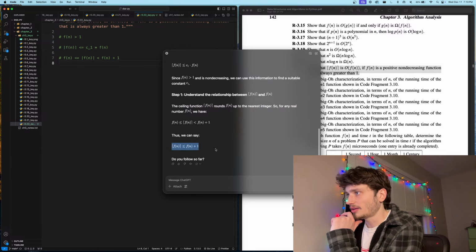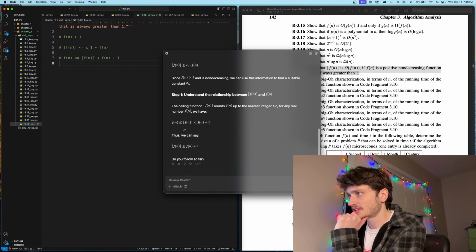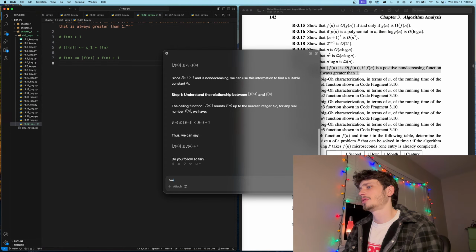Thus we can say the ceiling of f of n is less than or equal to f of n plus 1. So how did they get from this to this? They just dropped this function here, or they combined this, but they kept it less than or equal to. How did you rearrange that function?